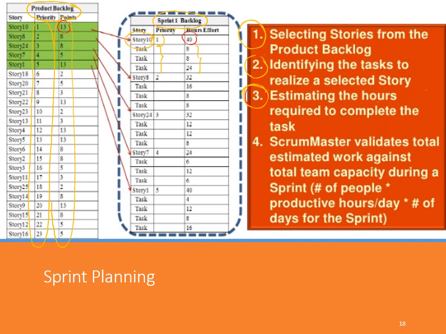So let's say this story number 10 is broken down into 3 tasks, and each task requires 8 hours, and also 24 hours in total. Similarly, if we look at story 2, story 2 is also broken down into 3 tasks, which require 16, 8 and 8 hours, and altogether 32 total hours, and so on.